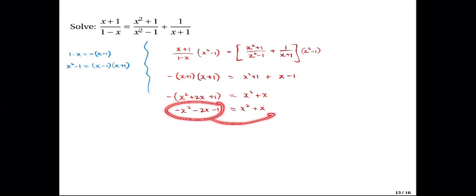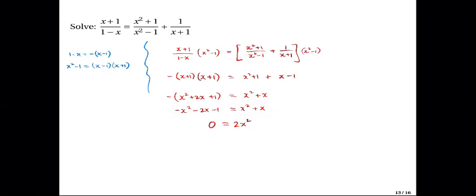This guy, we bring it to the right-hand side. Okay, everything becomes plus. So we'll just have 0 equals. And then we have this x squared. This guy, when brought to the other side, again, it becomes plus. So we'll just have 2x squared.